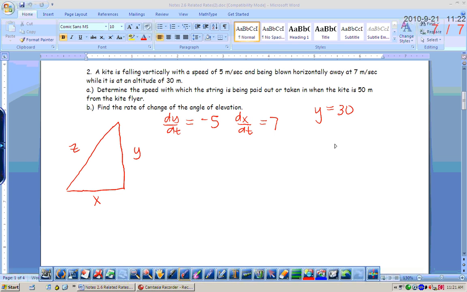Well, it would be the opposite. A positive rate of change is going to happen when your length is increasing. Not really, because it doesn't make any sense.